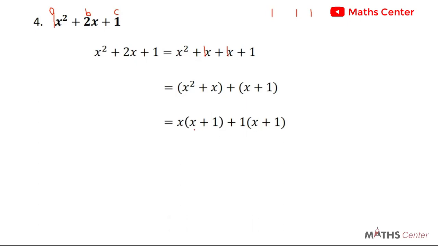So you can see from here that x plus 1 is here, x plus 1 is here. So you pick one of them. You have x and plus 1 outside the bracket. So you pick those ones and you put them also in the bracket. So you are going to have x plus 1 in one bracket, x plus 1 in the other bracket.